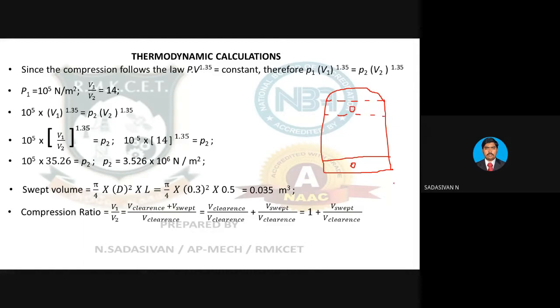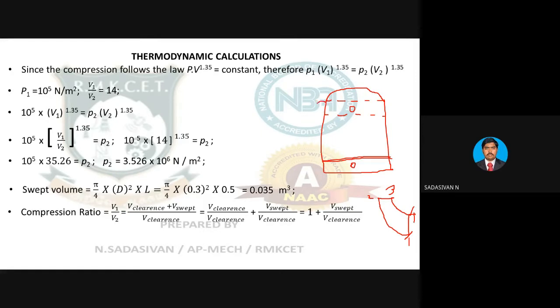But now, let us take the PV diagram. Okay, so this is 1, 2, 3, 4. At this end point, at the beginning of the cycle, the piston was at the bottom dead center. What is the total volume available?